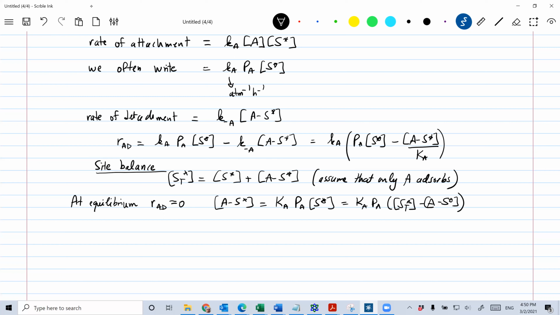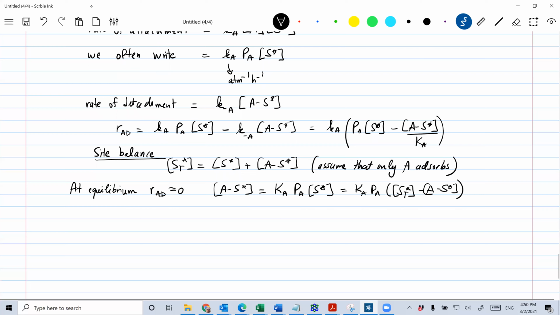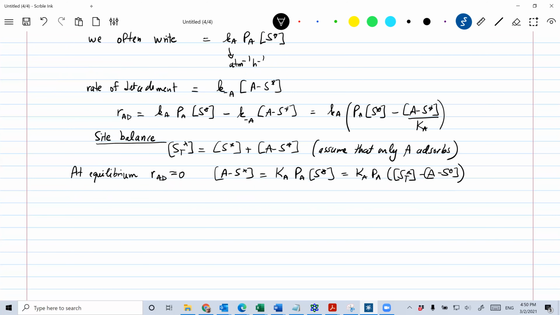This is just replacing S star with S total minus AS star. We've done this similarly with enzymes. And we can solve for AS star as we previously solved for enzyme concentration, right? Same idea: AS star equals Ka Pa S total star divided by 1 plus Ka Pa.